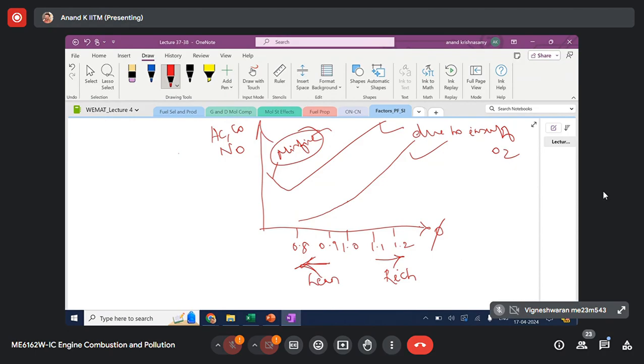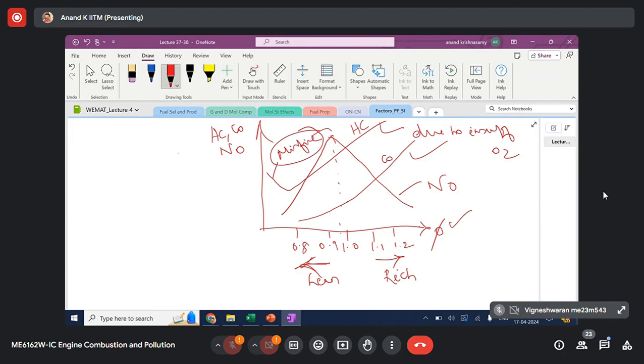And when you look at NOx, as I said, with a slightly lean mixture you will have a peak NO value. Both on the rich and lean side, you will have a drop in NO. So this is NO, CO, HC. All three primary pollutants are highly sensitive to the phi range at which you run the SI engine. Depending on whether it is on the lean side or rich side, you will have an appreciable change in the pollutant level.